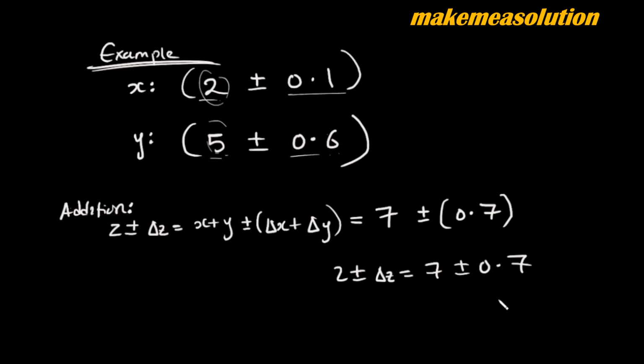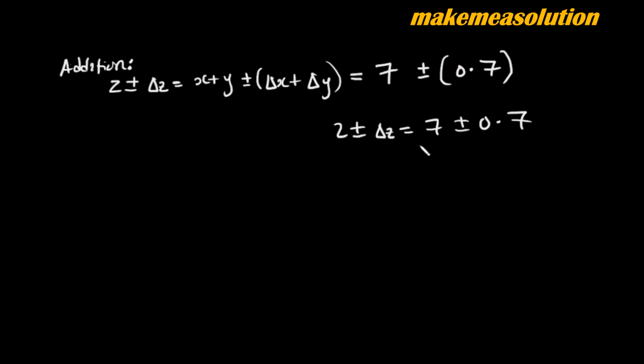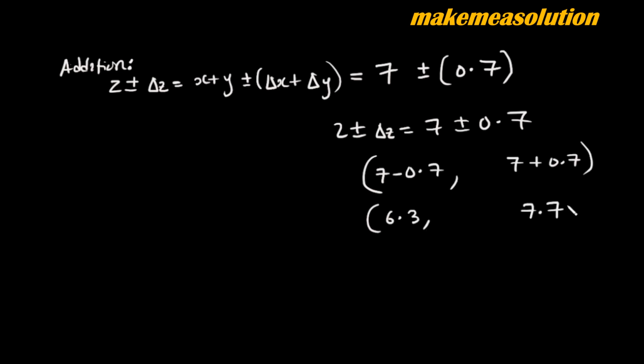So let's interpret what this means. 7 plus or minus 0.7 gives me a range of numbers from 7 minus 0.7 to 7 plus 0.7. And of course you agree with me that this is 6.3 to 7.7.